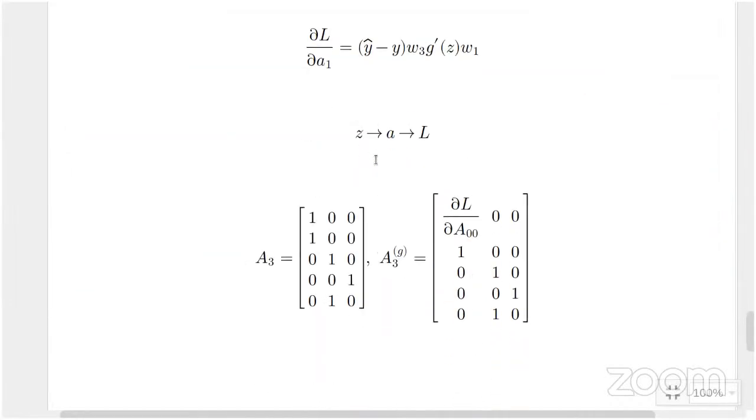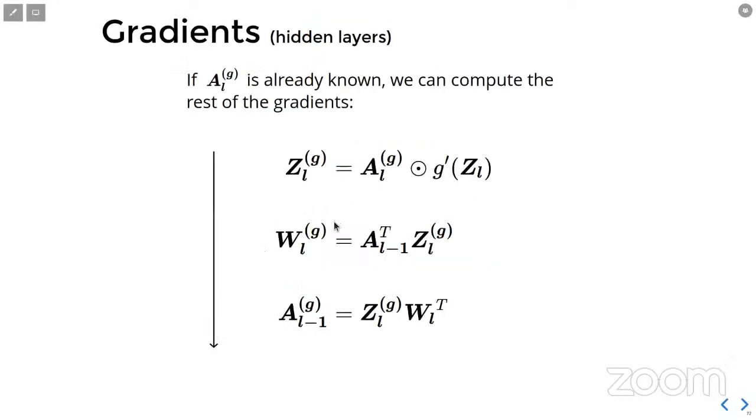Instead of a single scalar, we now have a matrix of activations. Therefore, we have a matrix of gradients. Likewise, you have a matrix of gradients of pre-activations and for weights. So are these three matrices clear, what they are?